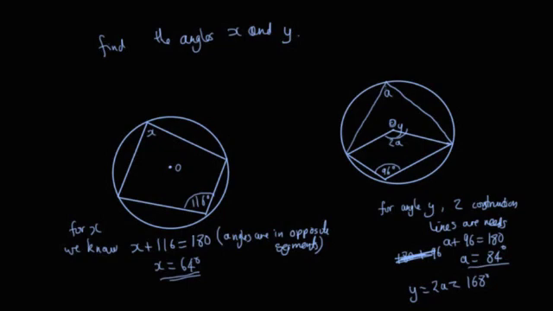Now, we're going to look at another theorem. So let's get another circle. So this theorem involves tangents, and so we've got a tangent here and a chord.